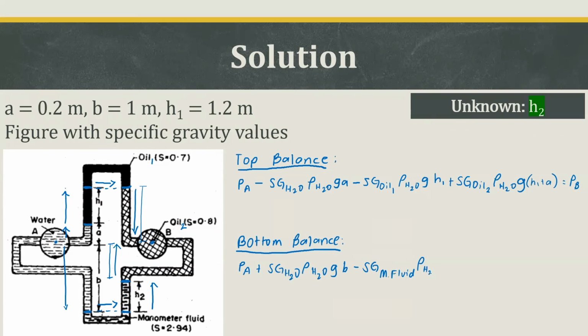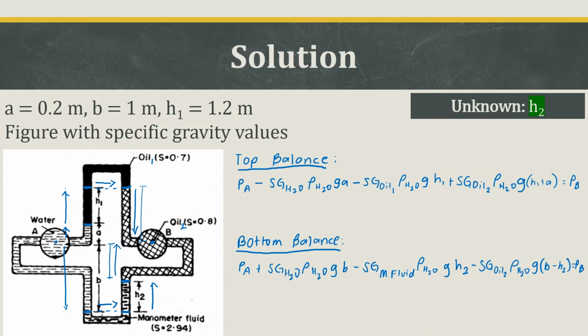Density of water, gravity, and then the height, H2. And then finally, we're going up again. So that's minus again, Sg of oil 2, density of water, G. But this time, the height is again B minus H2. Equal to pressure at point B.